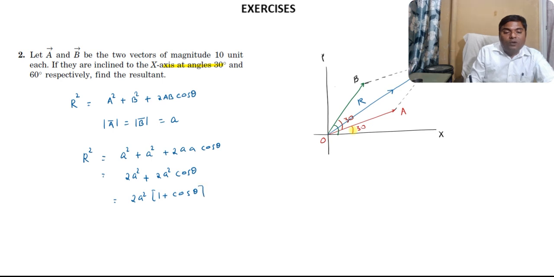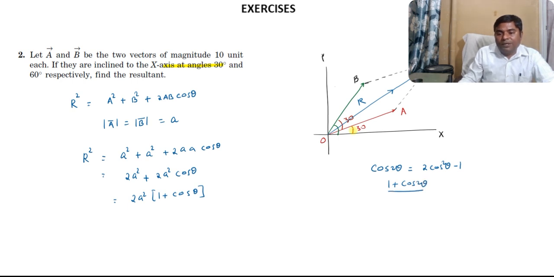Now, what does the trigonometrical ratio 1 plus cos theta represent? See here, cos 2 theta is equal to 2 cos square theta minus 1. So we can write 1 plus cos 2 theta is equal to 2 cos square theta.